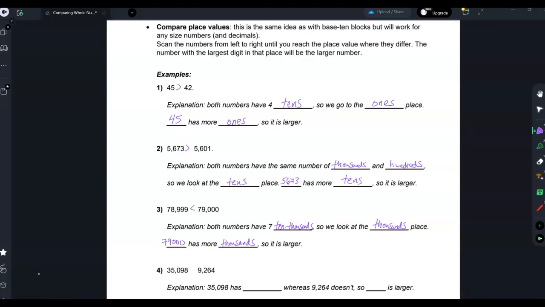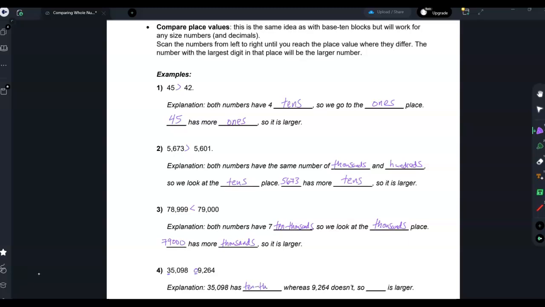All right, and then the last one here, we can see they don't have the same number of digits, so I'm going to go ahead and place a 0 in front of the 9, and that's the same thing, right? 0 10,000s with the 9,264, it's still 9,264, and so in this case, I would start with the leftmost place value, which is going to be the 3 in the first one and the 0 in the second, so that's the 10,000s place.